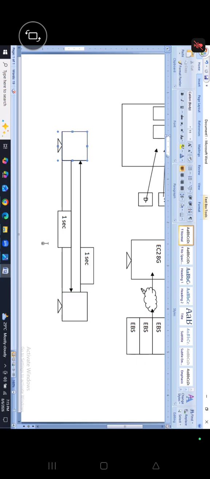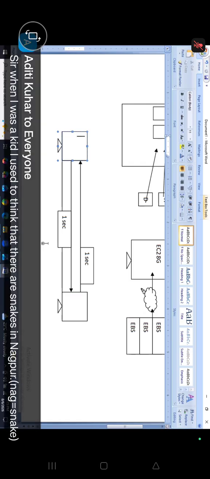Minimum it will take 8 to 10 hours, right? By bus, by train, whatever it may be. So, for example, assume 10 hours, not 12, not 8. So it takes 10 hours to travel from Nagpur to Hyderabad.